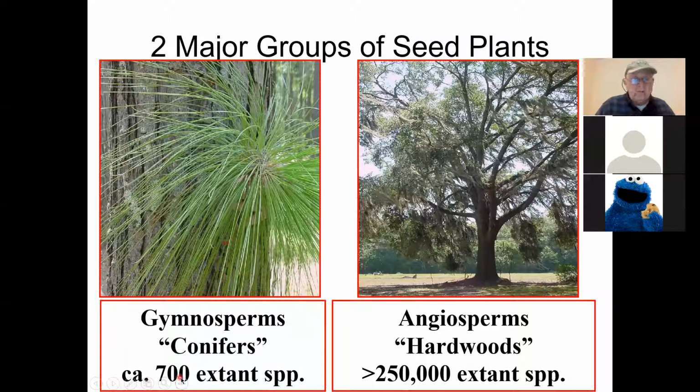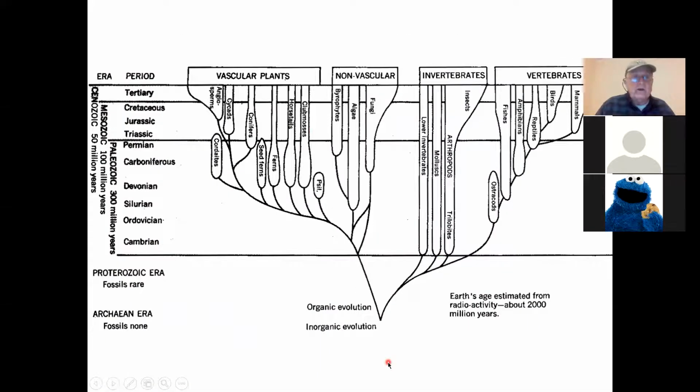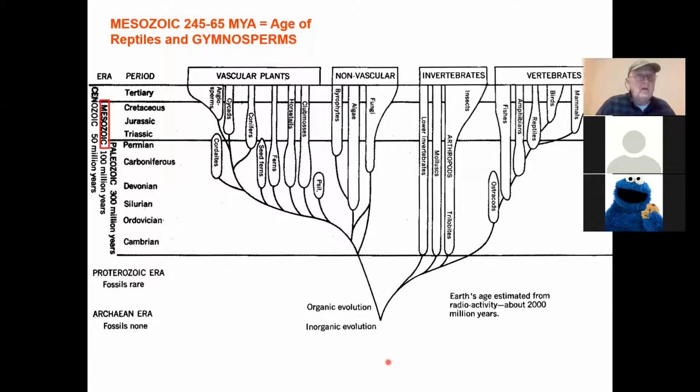Again, there might be 1,000 of them now instead of 700, but this brings me to the next slide. When we talk about vascular plants, we've got cycads, conifers, and then here are the seed plants and the ferns. Within the seed plants, we have the gymnosperms and angiosperms.